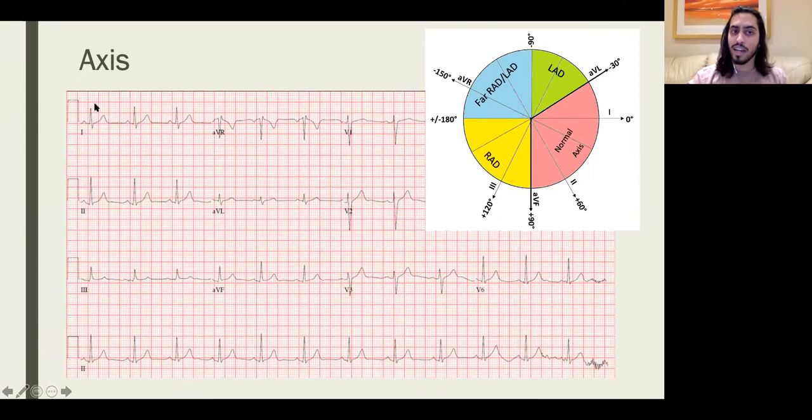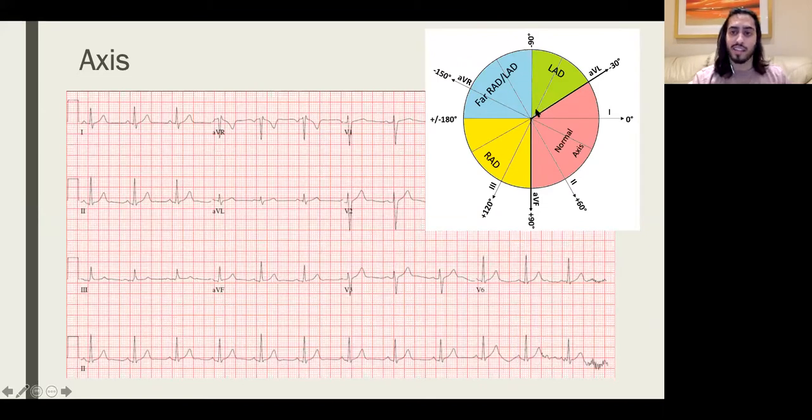Here, there is a clear positive deflection overall in the QRS complex, agreed? It's quite obvious, that's like a big rise. So what you mean there is that the electrical potential is going towards lead 1 this way. This is the positive electrode for lead 1, remember? It's going this way. We don't know if it's exactly here, or exactly here, or exactly here.